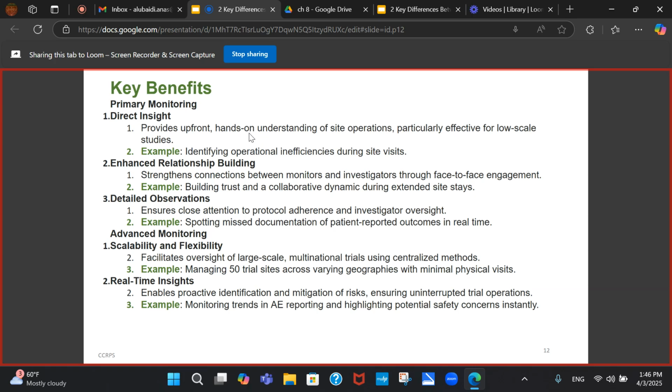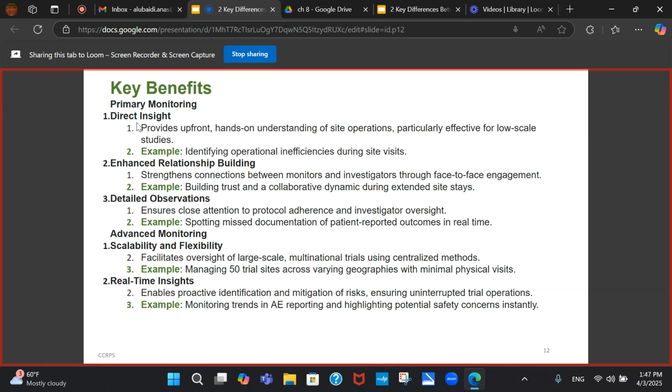As we remember, primary monitoring is the traditional monitoring, and this kind of monitoring methodology or strategy can be applied easily in smaller trials or simpler protocols. So that's why it's particularly effective for low-scale studies. Example, identifying operational insufficiencies during site visits.